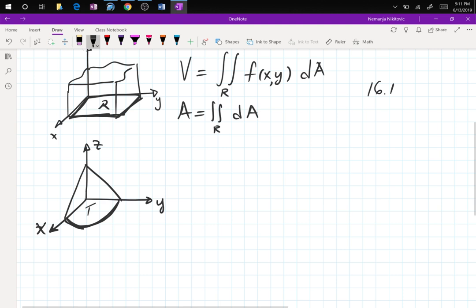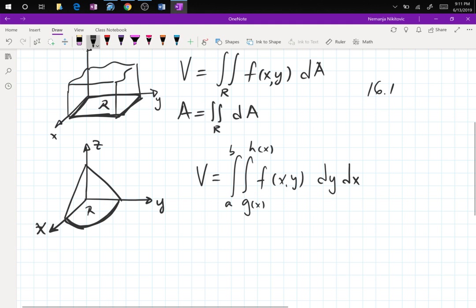Now this is your region R, and in this case we had volume given as the integral of f of x, y dy dx, if this was a and b, and these were the functions g of x and h of x. And we also had the area of the region only, same a, b, g and h, but just dy dx.